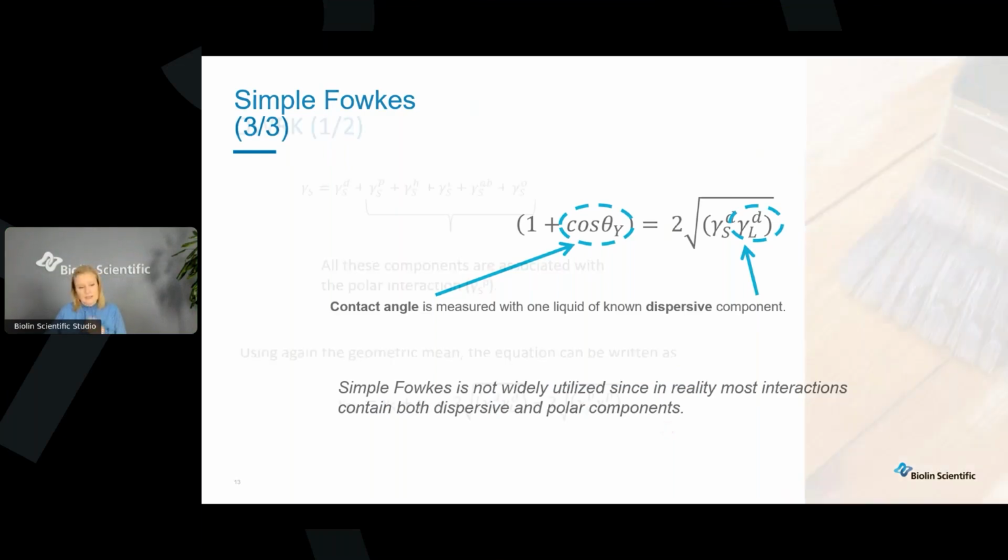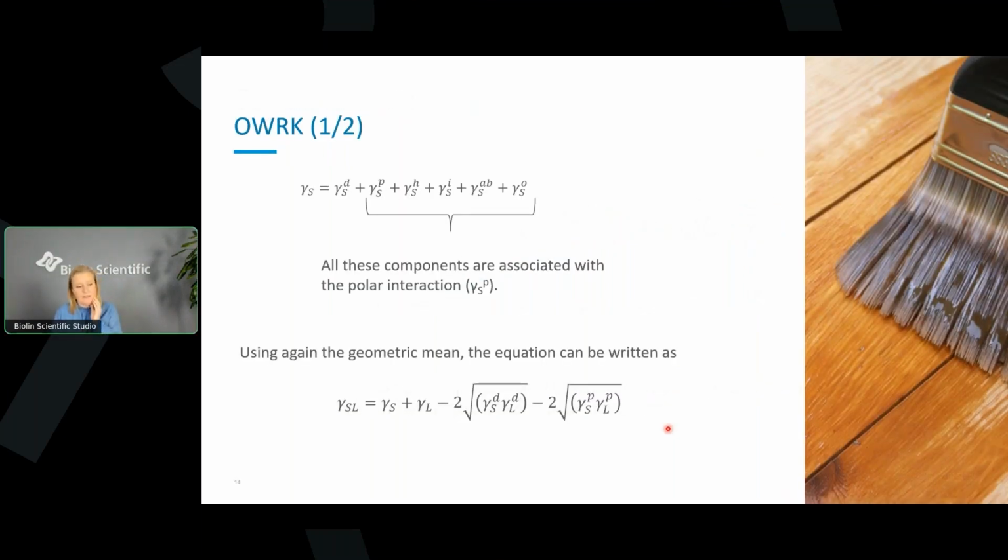So this then leads to a theory that is probably the most used surface free energy theory at the moment, and this is called OWRK, which comes from the first letters of the persons that have been part of inventing this theory. And how did they then consider these interactions at the solid?